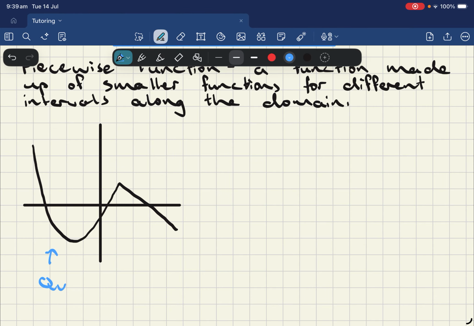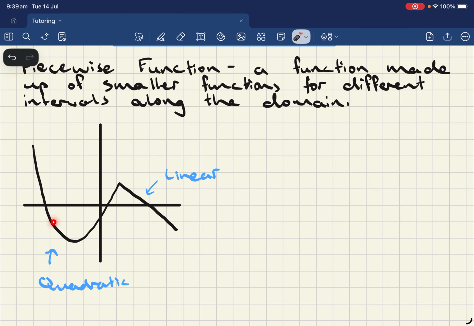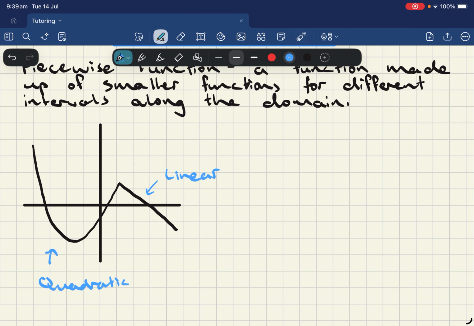We have a quadratic, and we have something that is linear as well. So this can take on a whole bunch of different forms. We just have these smaller functions, 1, 2, that make up a larger function, which we call the piecewise function.